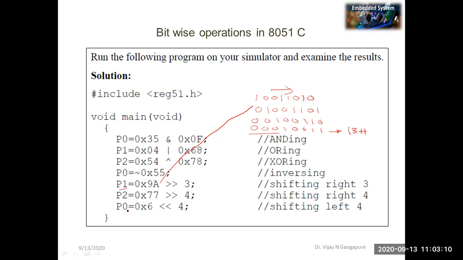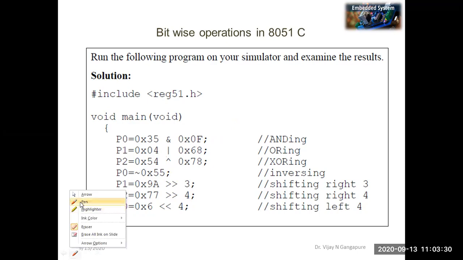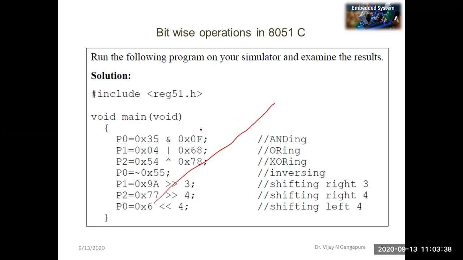Similarly, we'll do this last one. So here in this case, 0x6 means it is 0 0 0 0 0 1 1 0.